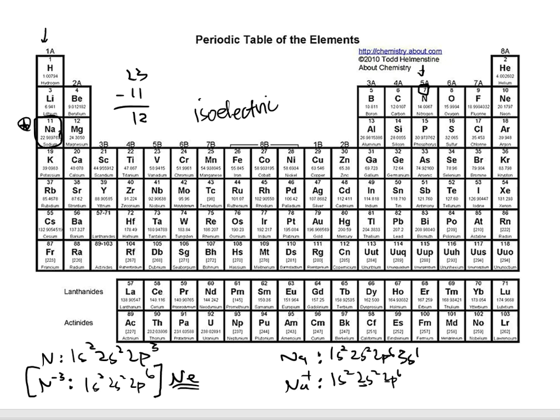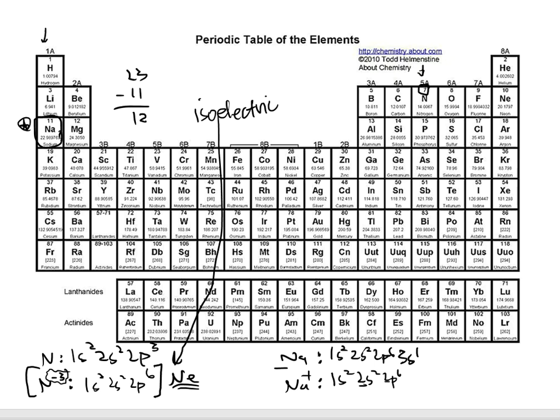But it's also N-3's electron configuration as well, because we have now gone a little bit haywire with the charged species. So for that reason, these are called isoelectronic. They have the same electronic configuration as each other. One is normal neon, and the other one is N-3.